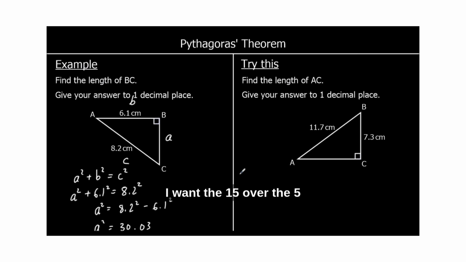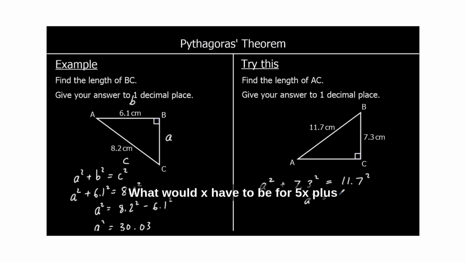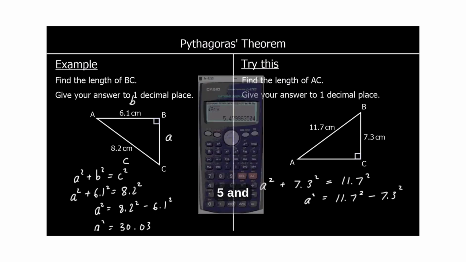Okay, one for you to try here, so give this one a go. So again, we're finding a shorter side, so we can say that a squared plus 7.3 squared equals 11.7 squared, which means a squared is 11.7 squared minus 7.3 squared. Let's type that into the calculator.